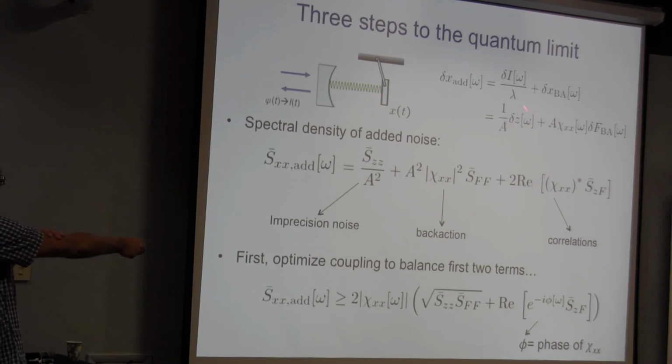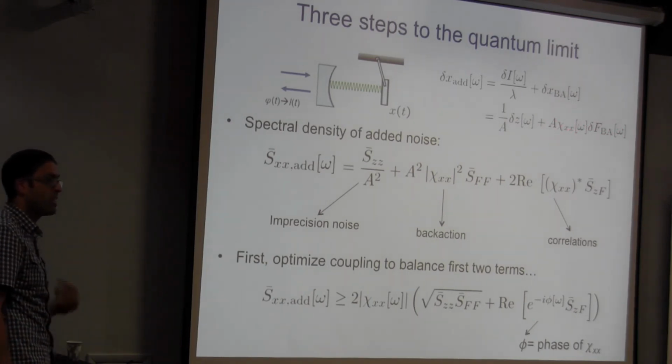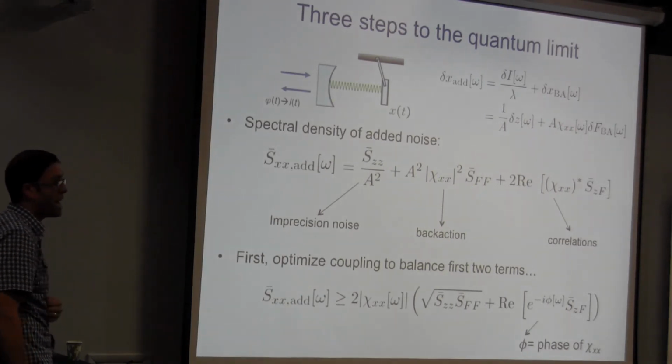So this first term, the imprecision noise, gets smaller and smaller the bigger I make the coupling. This second term is the back action noise. The back action noise is proportional to the coupling. It depends on how big the back action force noise is. And this chi xx, which we've seen a bunch of times now, just tells me how my mechanical resonator responds to that back action force.